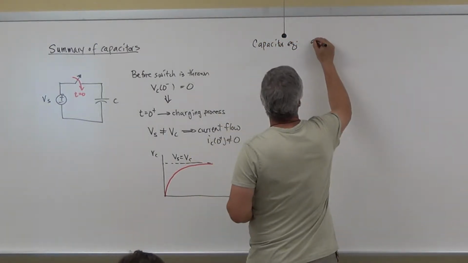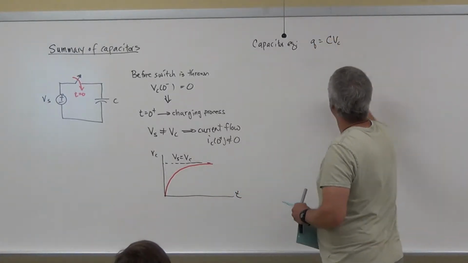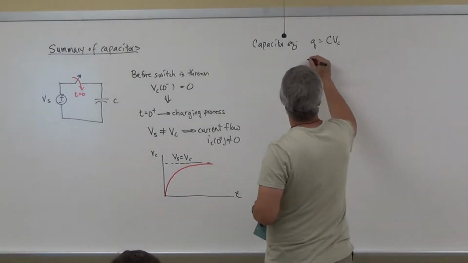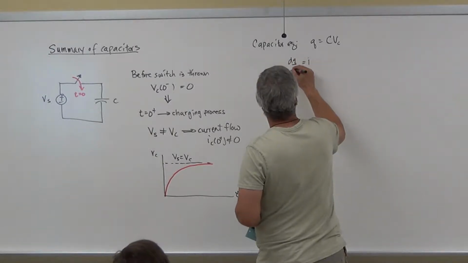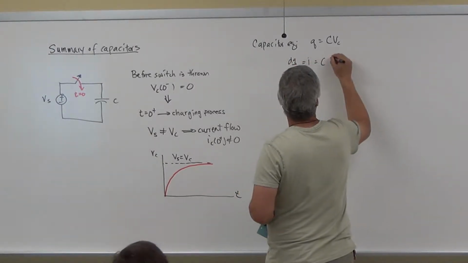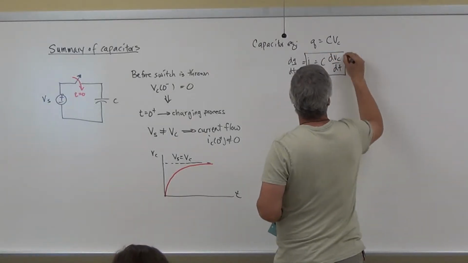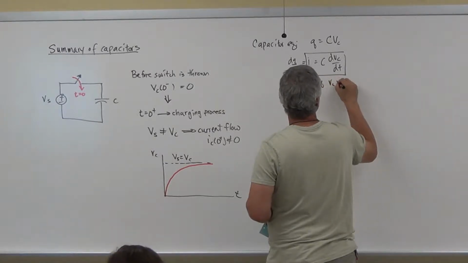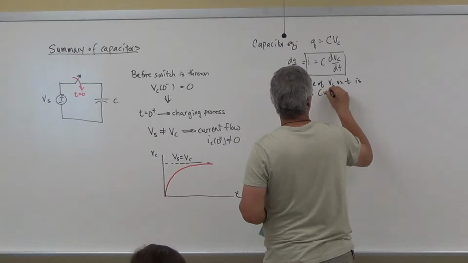And if I use the capacitor equation, which says that the charge is equal to the voltage times the capacitance of the element, and I take the derivative of this, this tells me that the slope of VC versus t is the current.